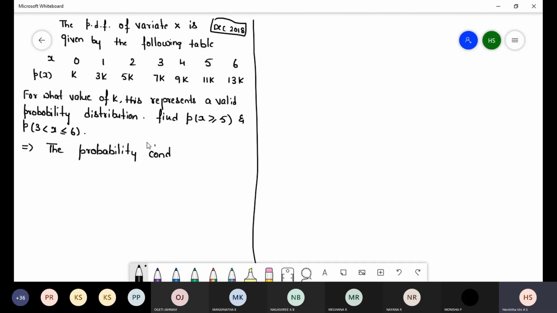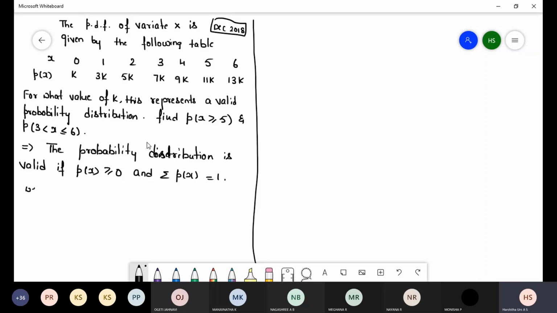The probability distribution is valid if P of x is greater than or equal to 0 and summation of P of x is equal to 1. This condition we have to write in each and every problem.